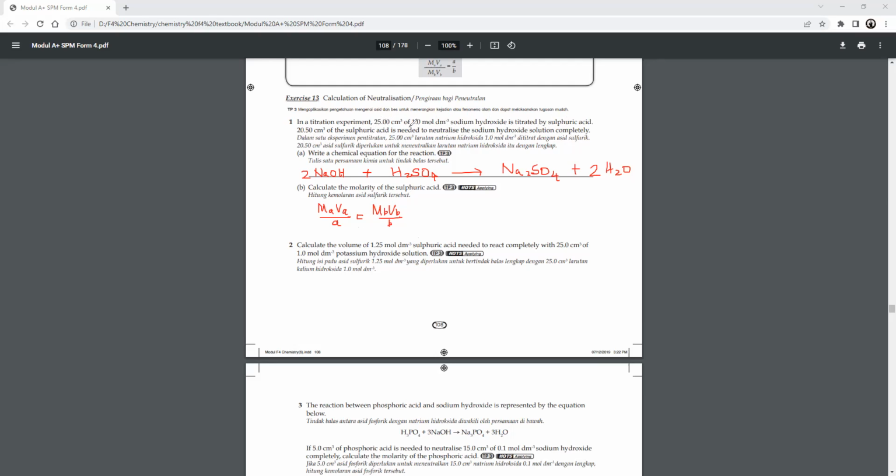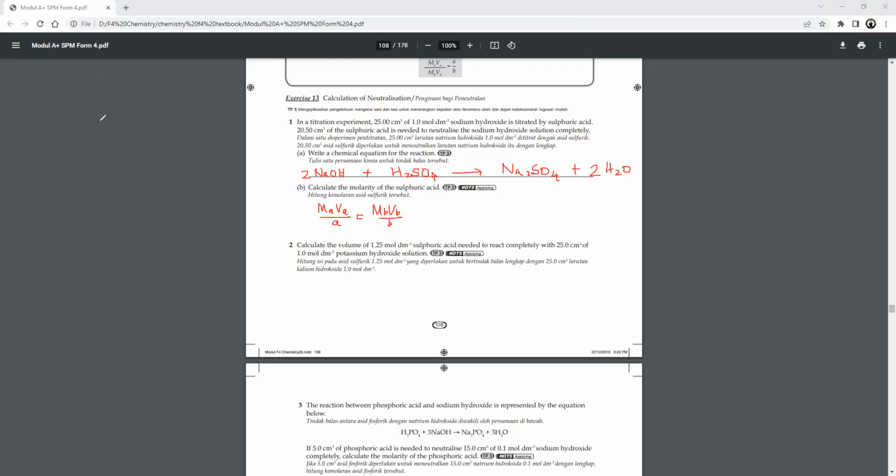So 25 times 1, 25 times 0.00. You follow what they have, right? Molarity. Wait. Should I do it?